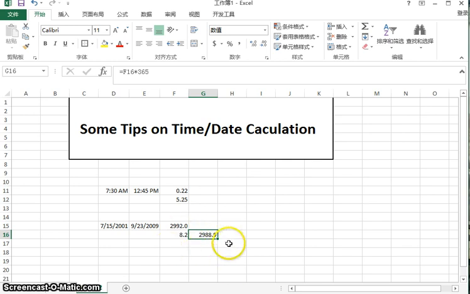Why does this come out? Because during these eight years there are some leap years and non-leap years. A leap year has 29 days in February, which means 366 days a year, and a non-leap year is only 365 days. So these are the four or five days that are missing.